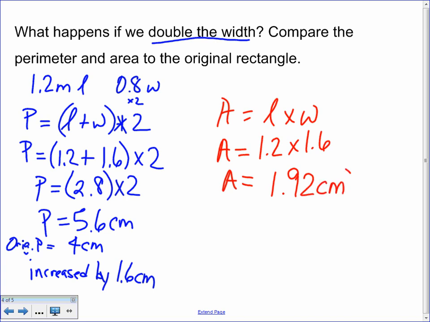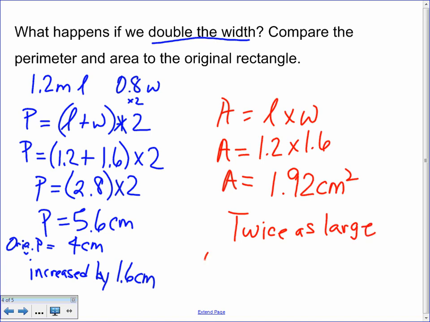Previously, my area was 0.96. So what do we anticipate happened when finding area? If I double the width, what's going to happen? It's twice as large now.